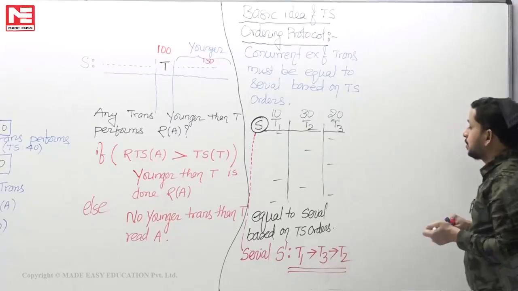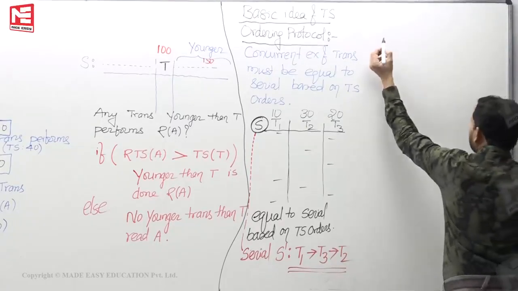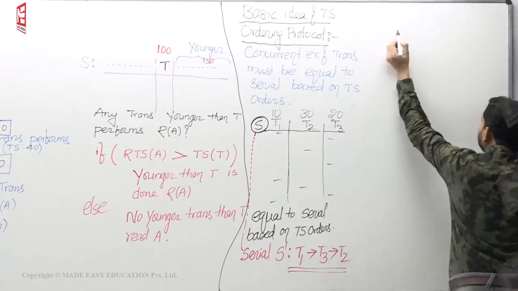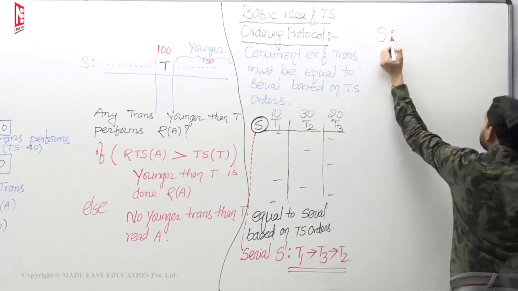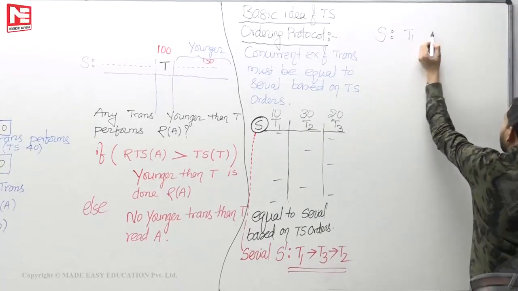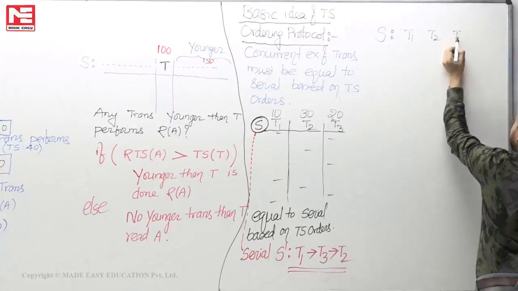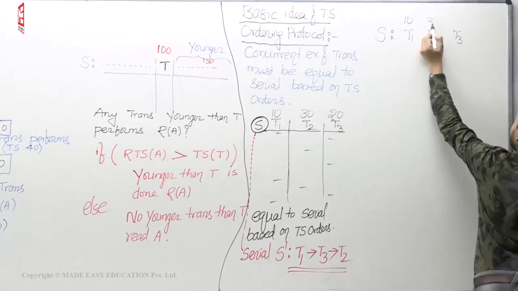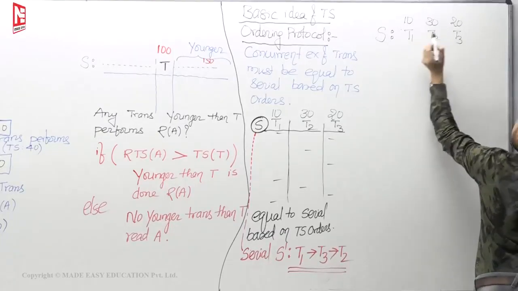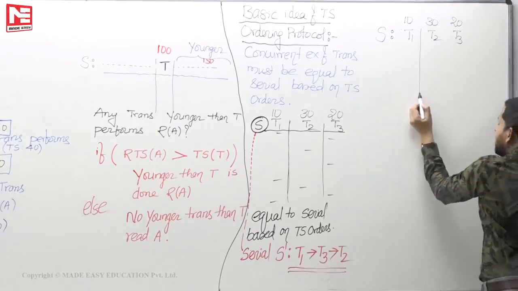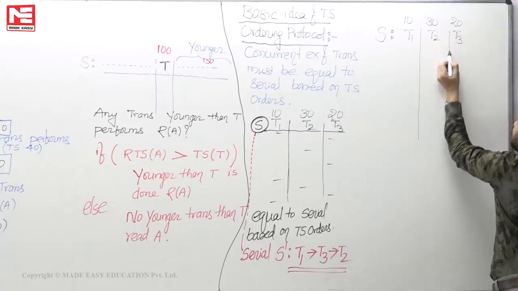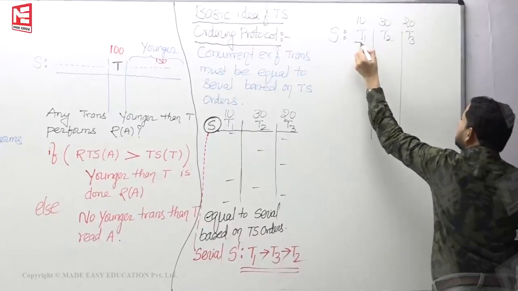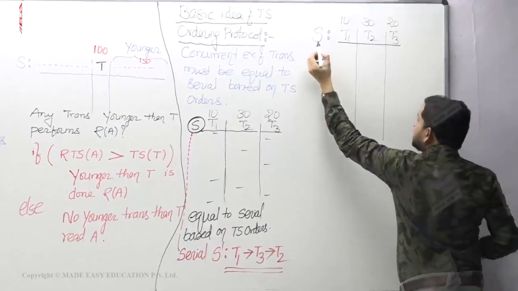So got it. Let me elaborate a little more. Assume this is the given schedule. T1, T2, T3 timestamp values are 10, 30, 20. This concurrent execution should be equal to serial based on timestamp orders. So what are we expecting?